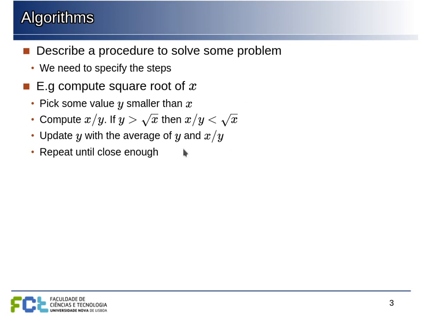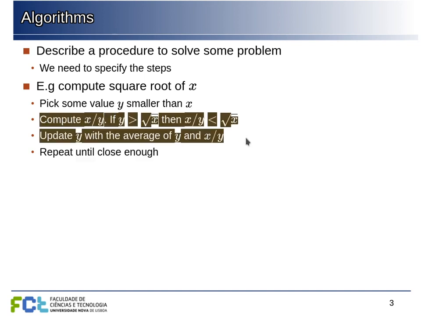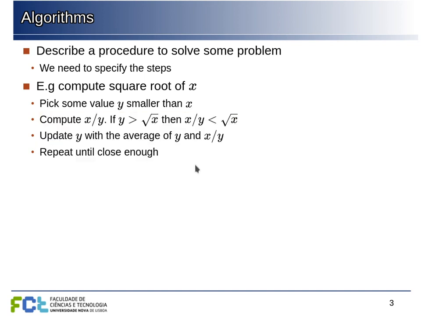So now if we compute the mean point between y and x divided by y, that is the average of the two, we now have a y value that is closer to the square root of x. And now we can repeat these two steps until we get close enough to the square root.